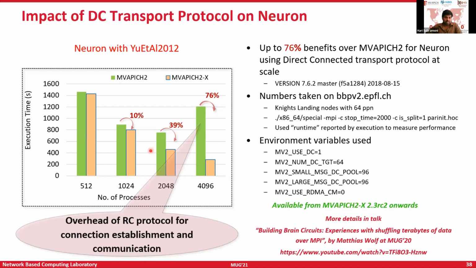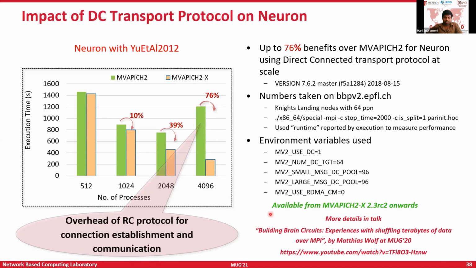As we can see, when the number of processes increases, we see increasing benefits. Once you go to a very large scale, the default RC transport protocol has a significant overhead for connection establishment as well as communication, which leads to a reverse trend in scaling, whereas DC is able to hold the good scaling trend as the number of processes increases.